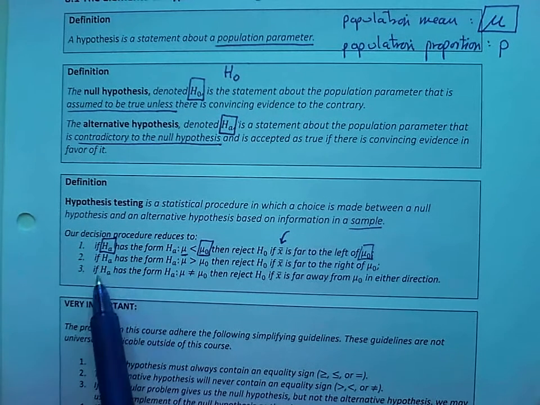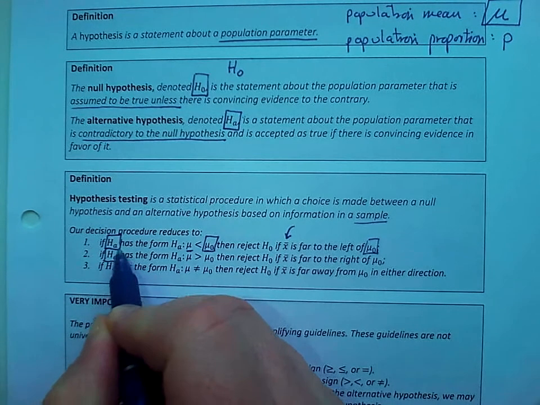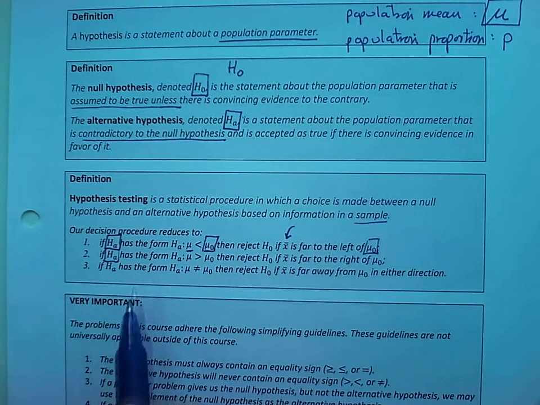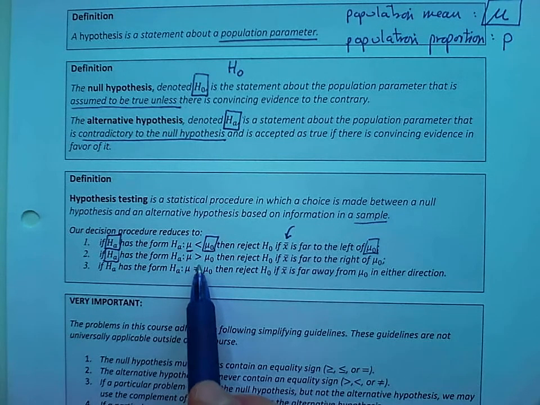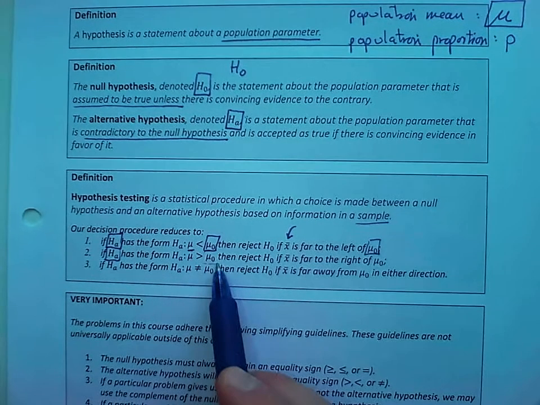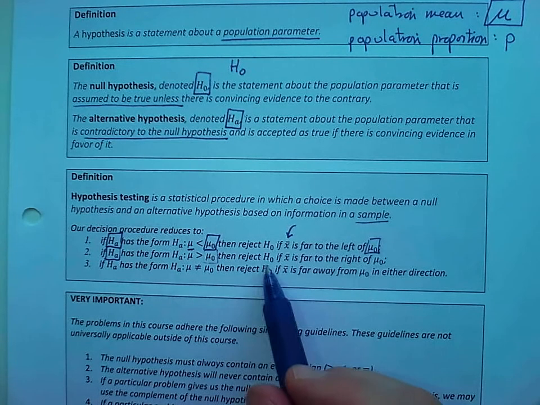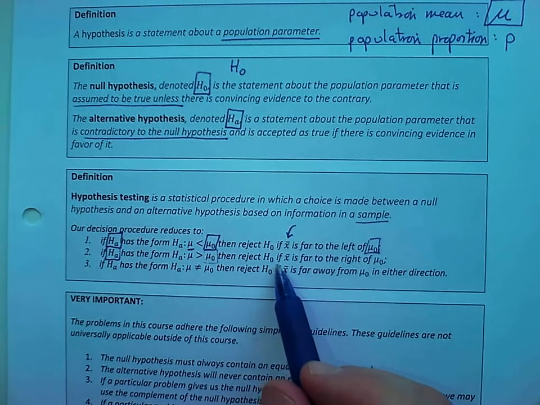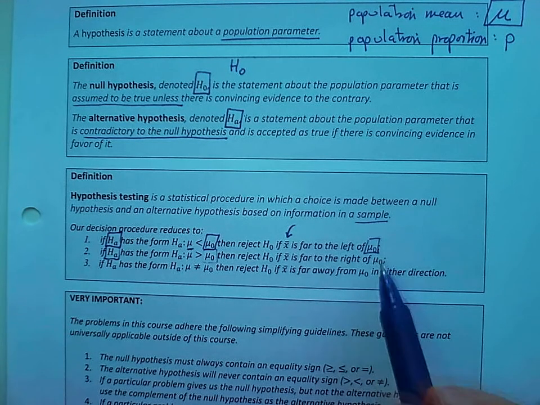For number 2, if the alternative hypothesis, and again we're focusing here on the alternative hypothesis, has the form that mu is strictly greater than mu naught, then we're going to reject the null hypothesis if our sample average is far to the right of the value from our hypothesis.